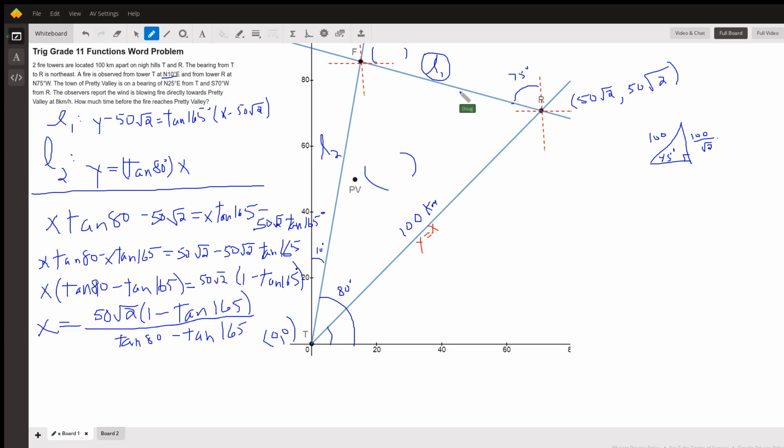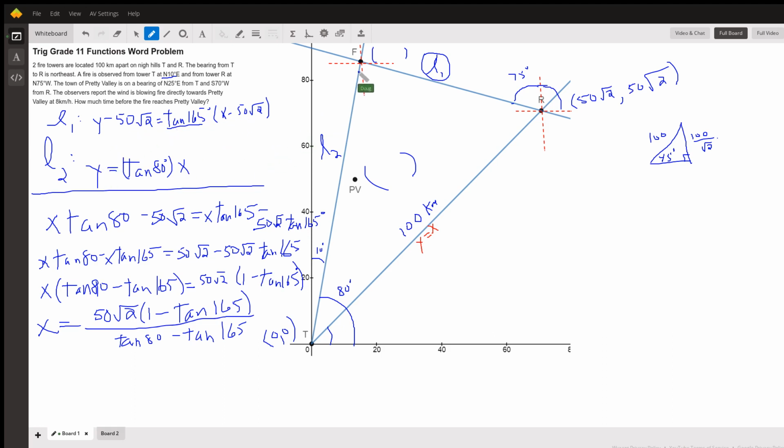And the slope of that line is the tangent of this angle right here, which is 165 degrees, 90 plus 75. So the slope of that line is the tangent of 165, which is a negative number, which looks right. And so if we use point slope, y minus 50 radical 2 equals the tangent of 165 times the quantity x minus 50 radical 2.